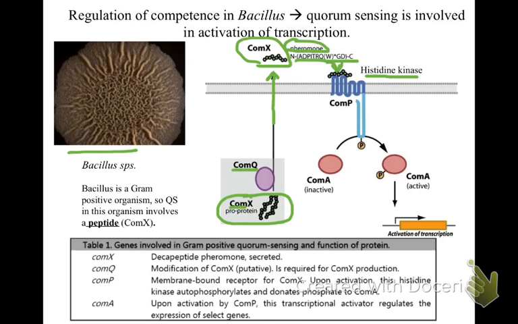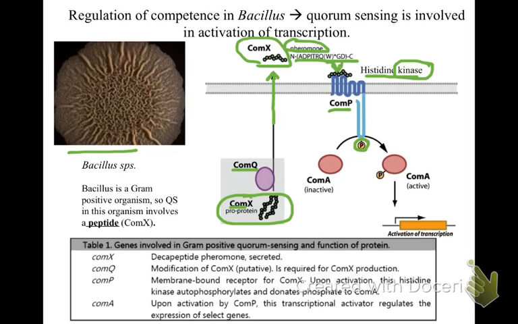In this case, the receptor is ComP, a histidine kinase. Kinases are proteins that bind ATP and remove a phosphate. So when binding between the peptide and ComP occurs, we get what's called autophosphorylation of ComP.